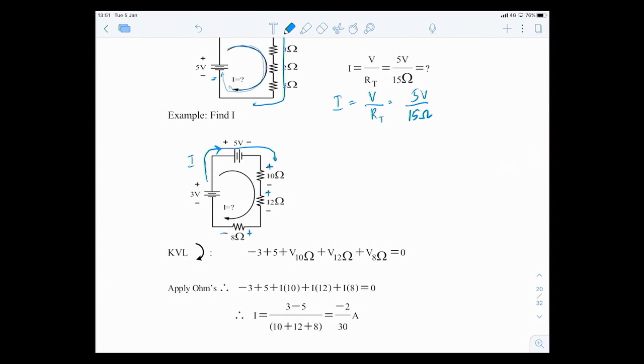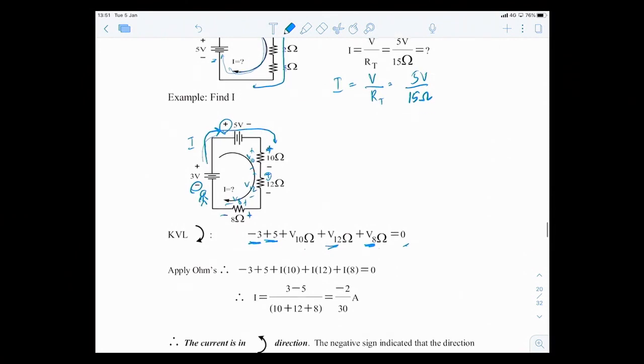So if I run KVL, starting from here, you see negative, so minus 3, see positive 5, see positive voltage drop across 10, so this is V10, and this is V12, and this is V8 ohms. So voltage drop across 12, voltage drop across 8 ohms, set equal to 0.